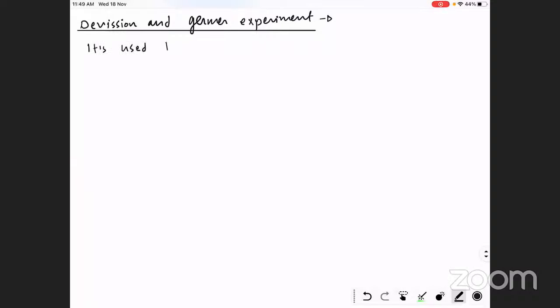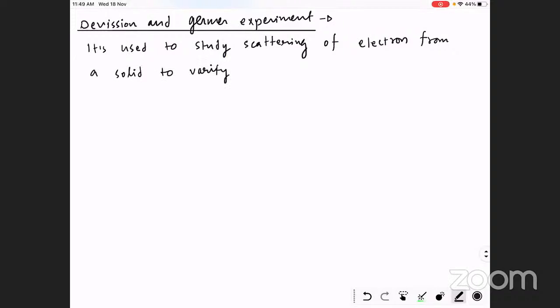It is used to study scattering of electrons from a solid to verify the wave nature of electrons.